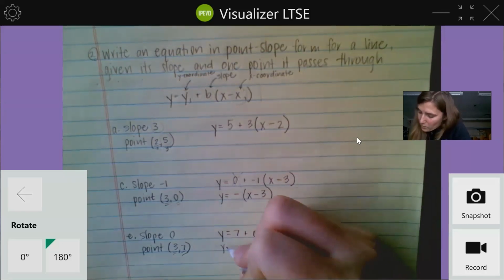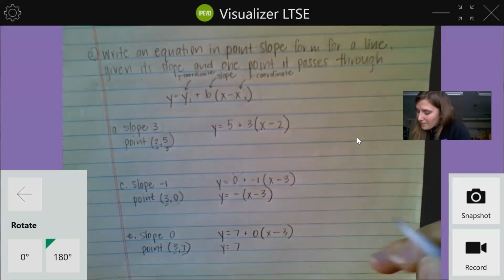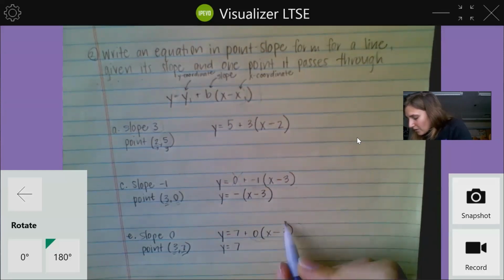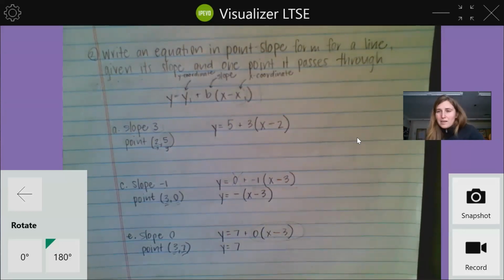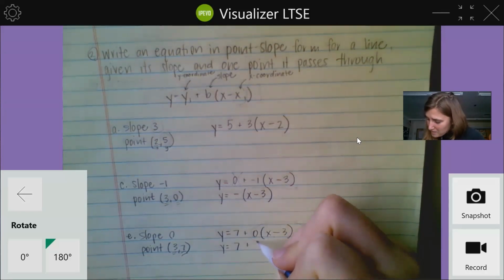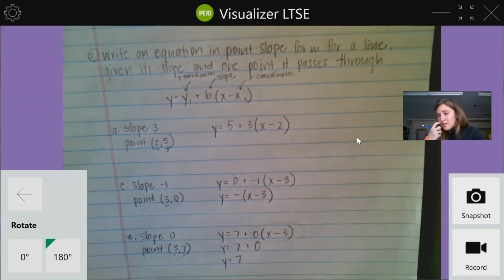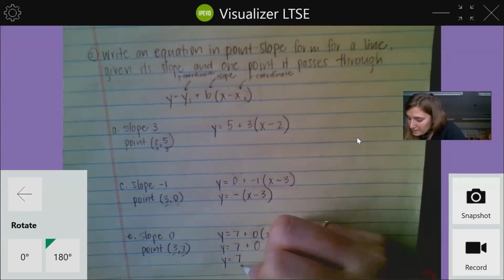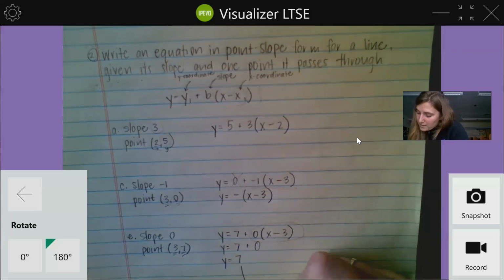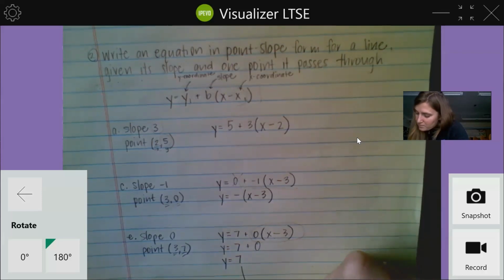So y equals 7. And then over here, that 0 times x minus 3, well, anything times 0 is just 0. So then my formula is y equals 7, which means that is a horizontal line.